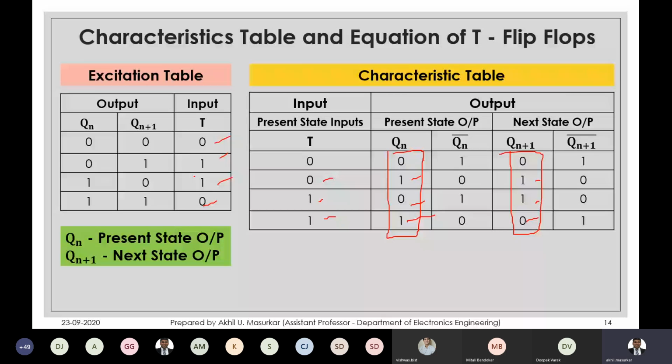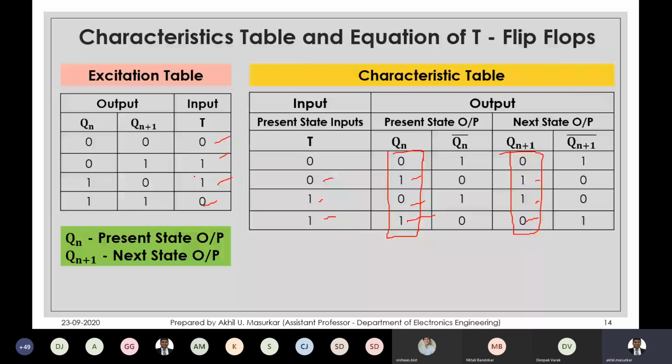Okay, so let's do the summary of all the excitation tables which we will be requiring for our next part. So now we have derived the characteristic table for every flip-flop. We have derived the characteristic equation for every flip-flop. Then we have also derived the excitation table of all the flip-flops. Now these characteristic tables, characteristic equations and excitation tables will be our tools to analyze counters and to convert one flip-flop into another.